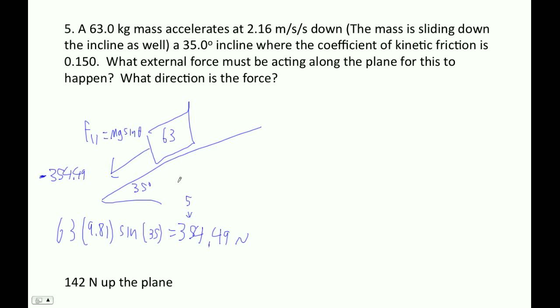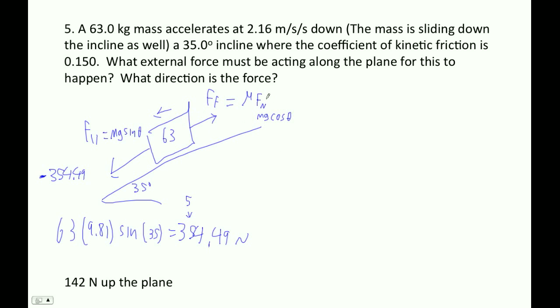Okay, let's see. It is sliding down the plane, so the force of friction is actually going to be up the plane. And that is mu times the normal force. Okay, and the normal force is mg cos theta on an inclined plane. It's the part of it that's perpendicular, right?